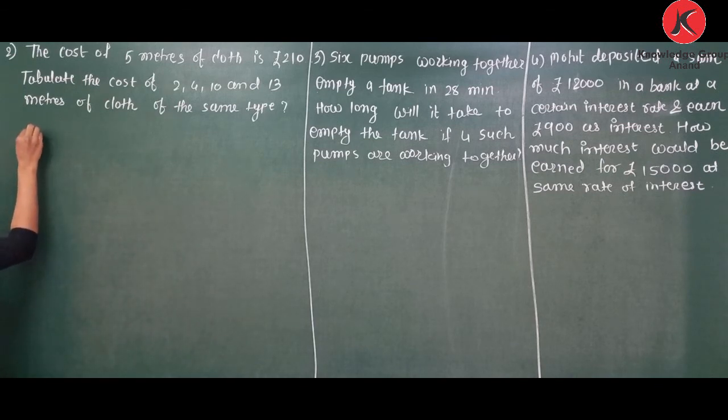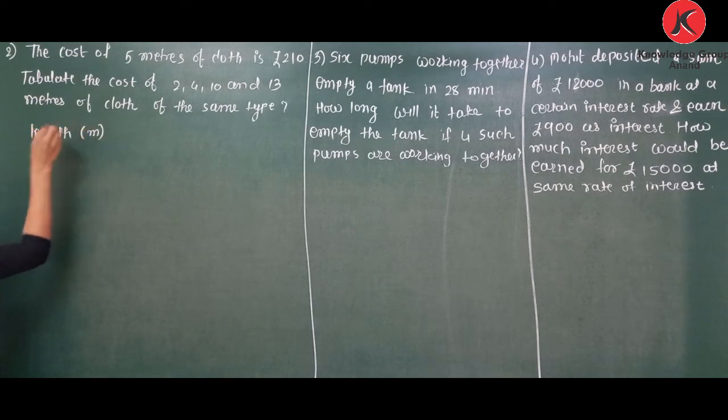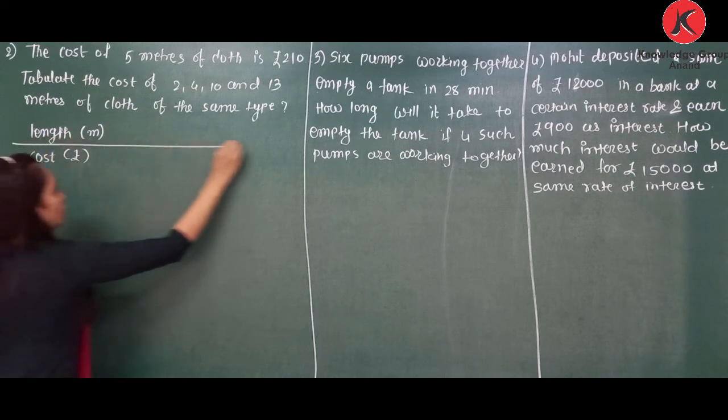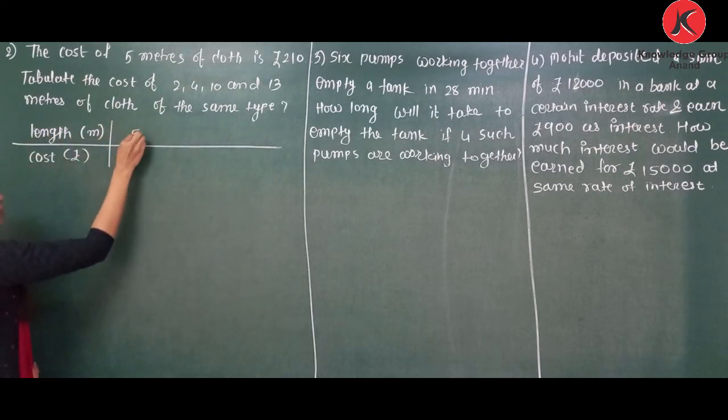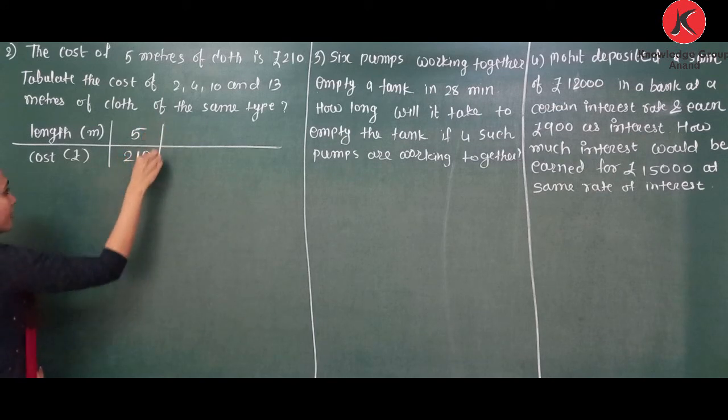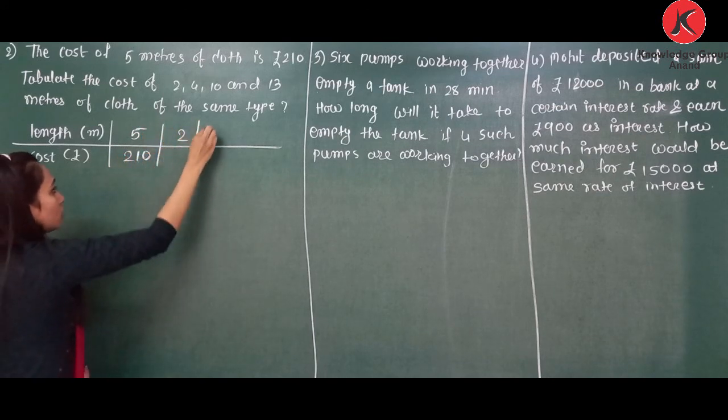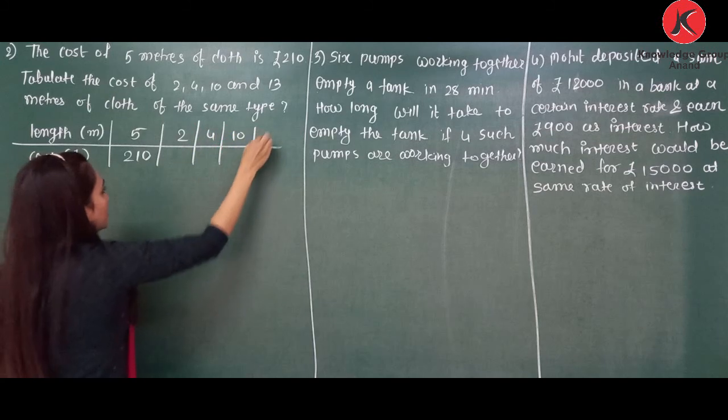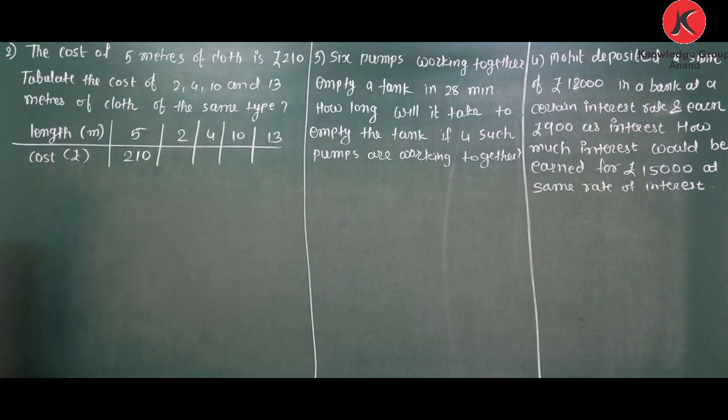So we can write length of cloth in meters and cost of cloth in rupees. So for 5 meters of cloth, rupees is 210. We need to find for 2 meters, 4 meters, 10 meters and 30 meters. You also need to practice the examples that are given in your textbook, and these are the revision.